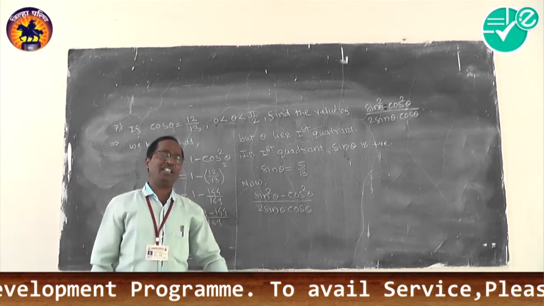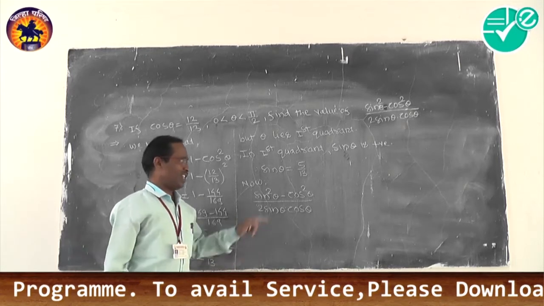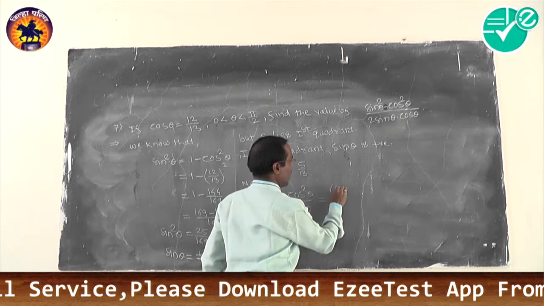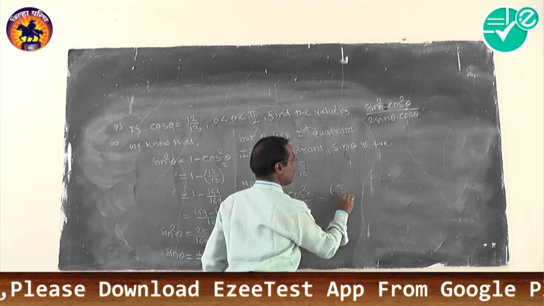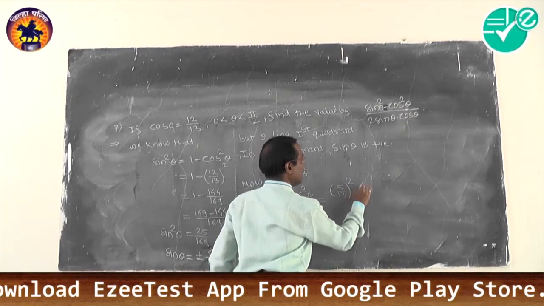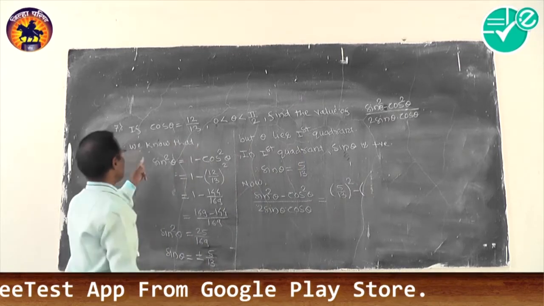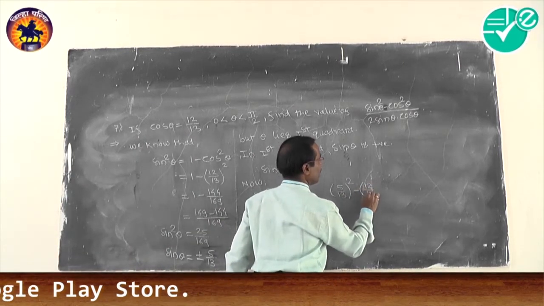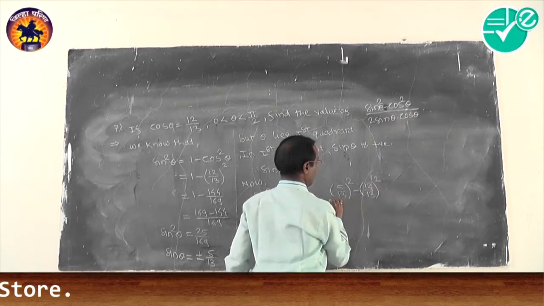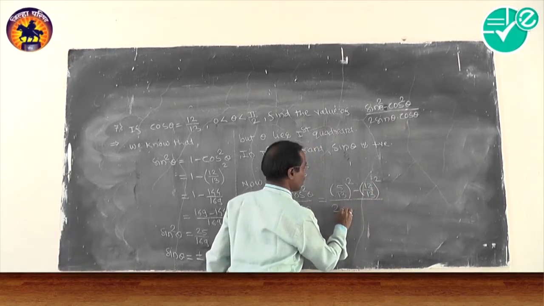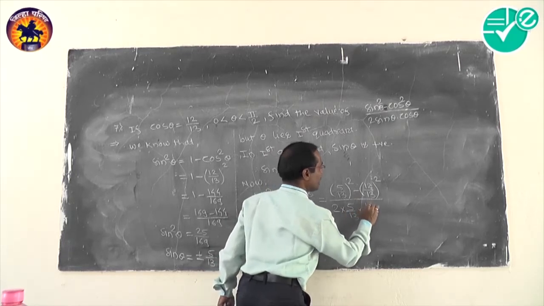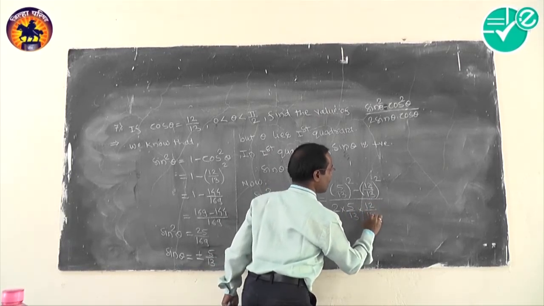Substitute the values of sin theta and cos theta in this expression. So we get the value of sin theta is 5 upon 13 whole square, minus the value of cos theta, that is 12 upon 13 whole square, upon 2 into sin theta is 5 by 13 into cos theta is 12 by 13.